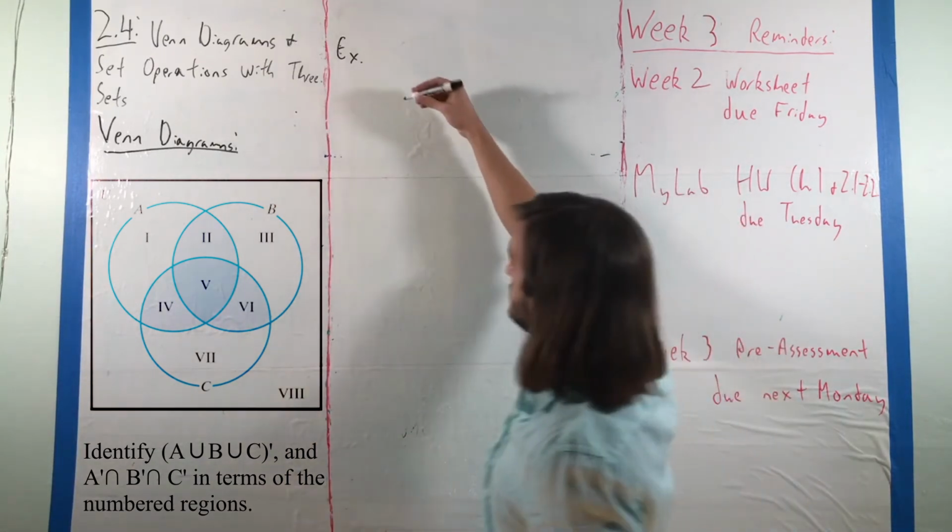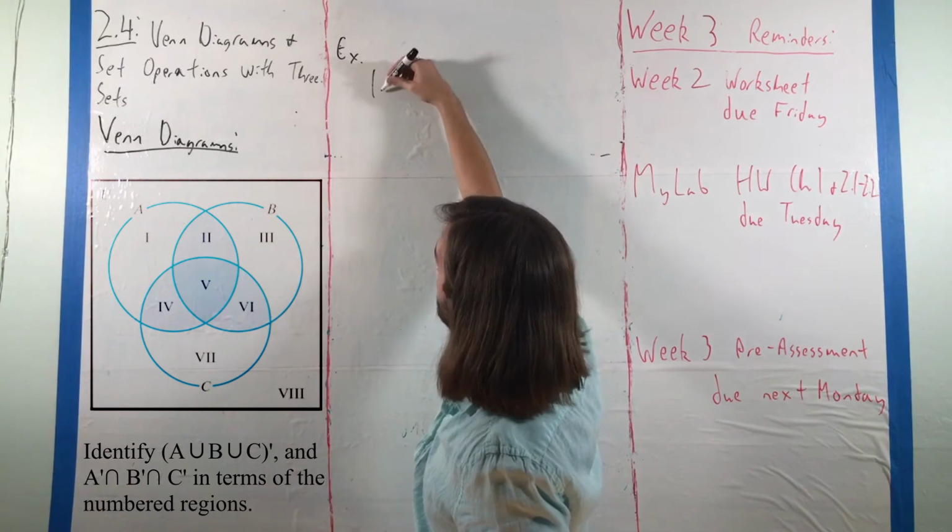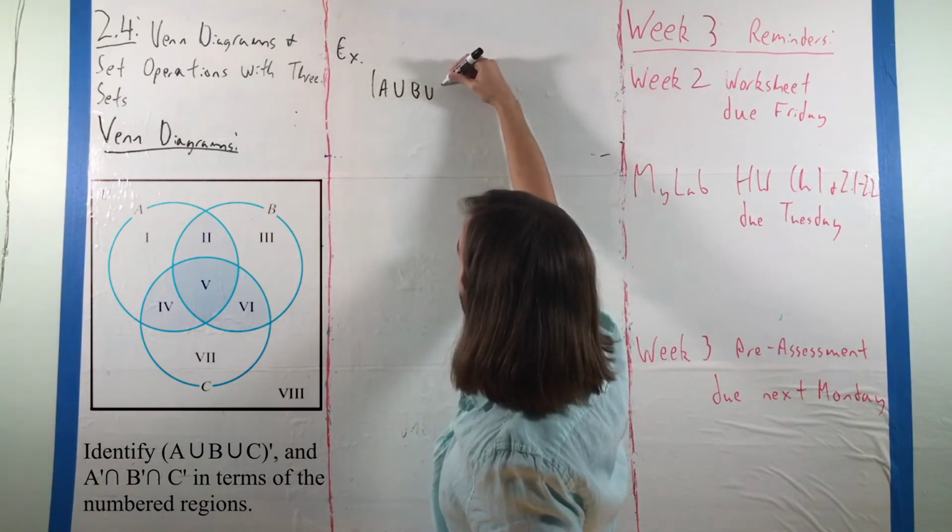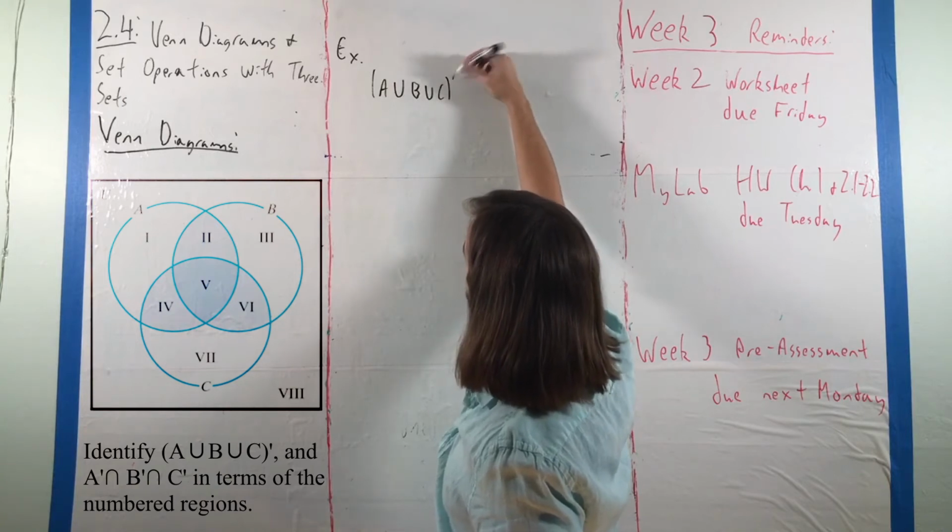So using that diagram, hopefully we can pretty quickly tell that A union B union C complement.